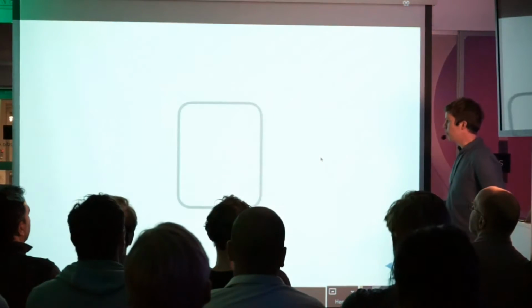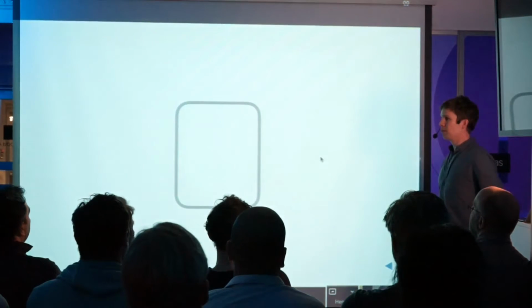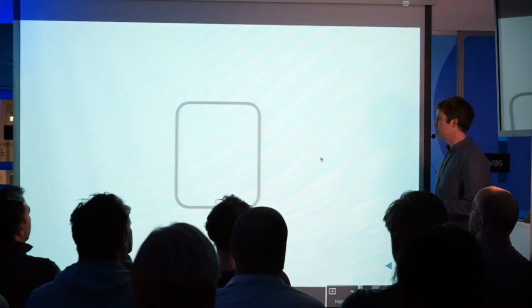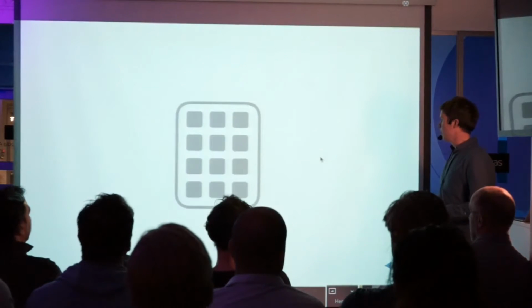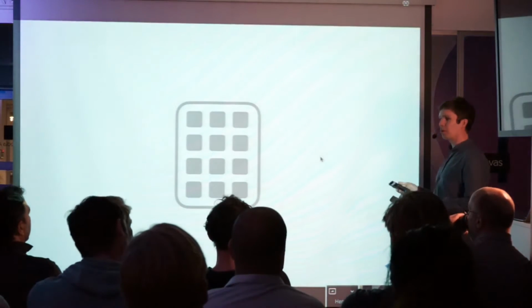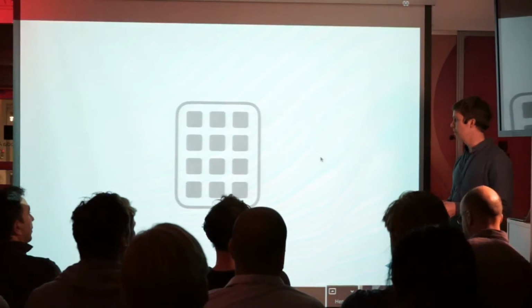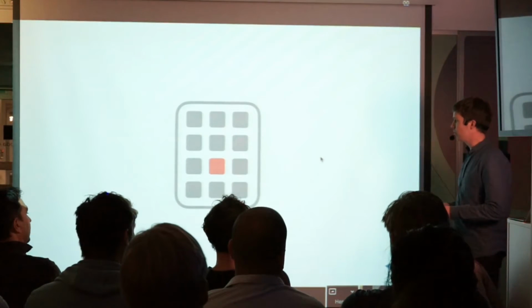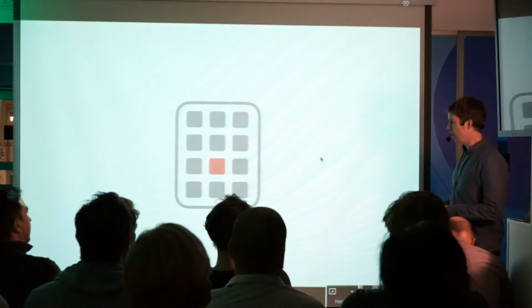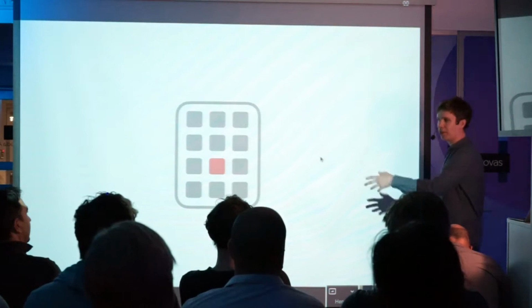Now, most people build applications. You have this application, and it consists of multiple components. And let's say you want to make a change to one of those components. Now, you want to make that thing a different color.